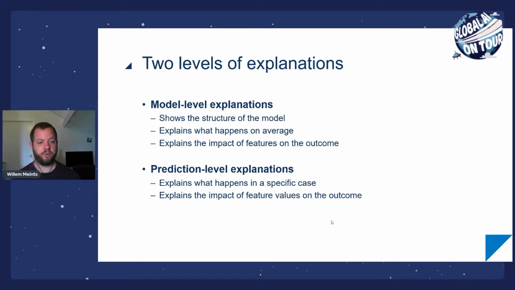So that's important to keep in mind, that the model level explanations show you the structure of the model rather than what's happening on a prediction per prediction basis. Roughly speaking, a model level explanation gives you information about the impact of certain features on the outcome of your model. So what's the impact of age on the outcome of a model? What's the impact of payment history on the outcome of a model? Maybe skin color, maybe pixels in a picture, those kind of things.